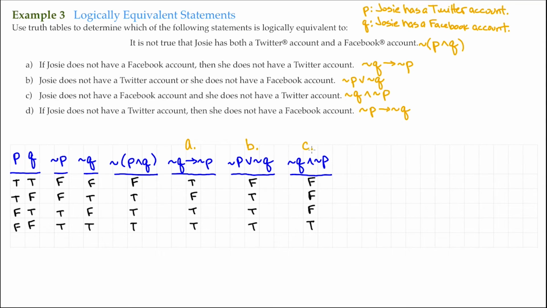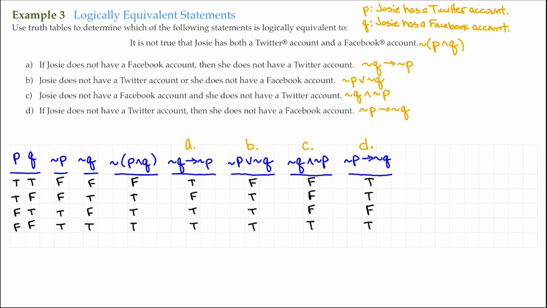And this is for letter C. And then finally, if not P, then not Q. Again, the antecedent has to be true and the consequent is false. Here it is right here. The antecedent is true. The consequent is false. That's when it's false. Other than that, it's true. And that's letter D.